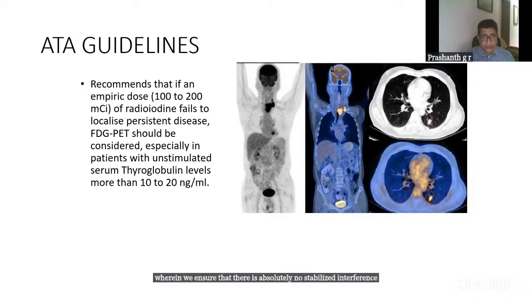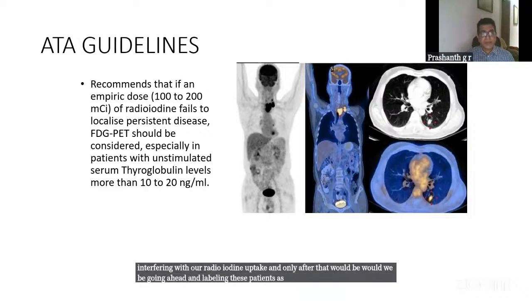We confirm that there is no extrinsic or intrinsic factor which could be interfering with our radioiodine uptake, and only after that would we go ahead and label these patients as dedifferentiated disease.